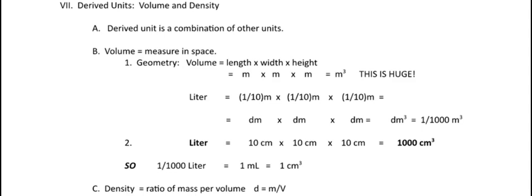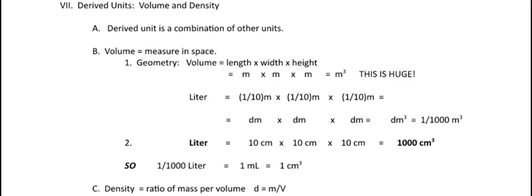So what they decided to do, since the metric system is based on the base 10 system, is divide the meter by 10. If you recall, that's a decimeter. So 1/10 of a meter is 1 decimeter. So a liter is 1 decimeter cubed. Well, we don't usually talk about decimeters.